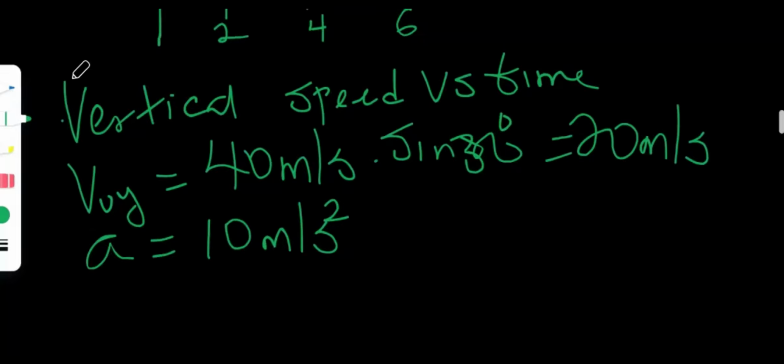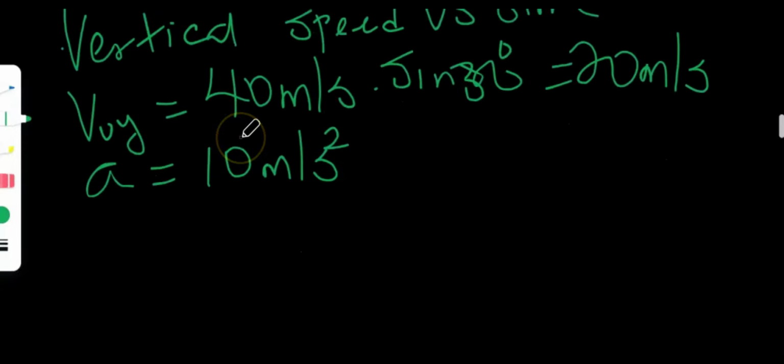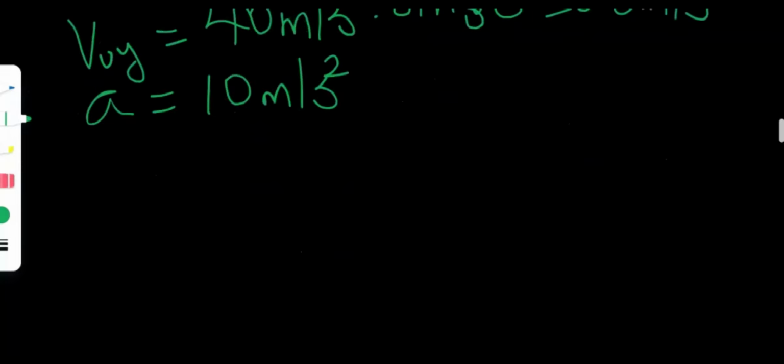As the slope of the velocity versus time graph is equal to the acceleration, the resulting velocity versus time graph is a linear line with a negative slope, since the acceleration due to gravity points downwards. So let me just plot the graph here.